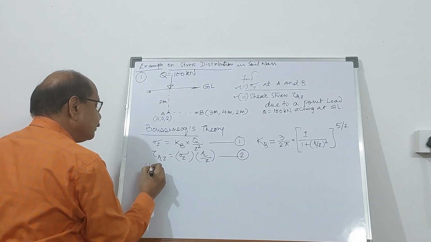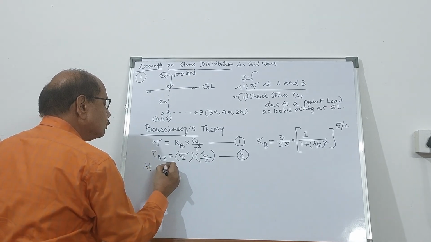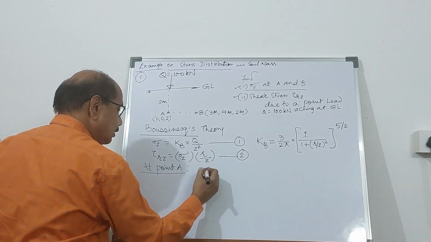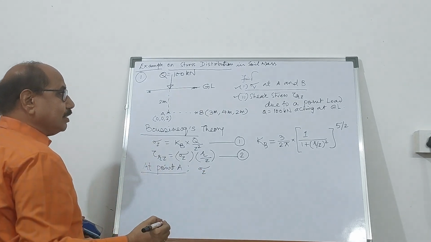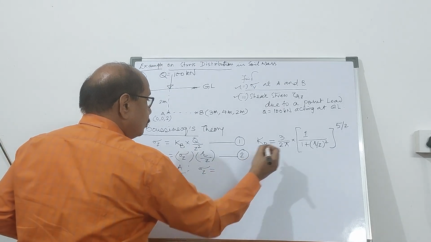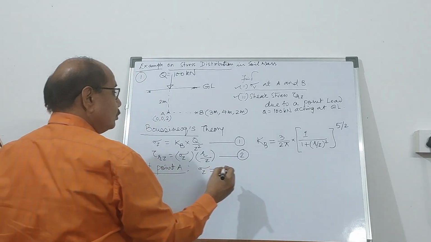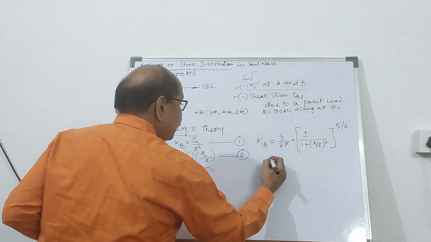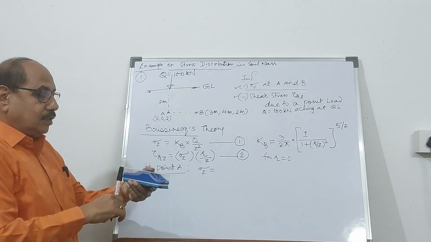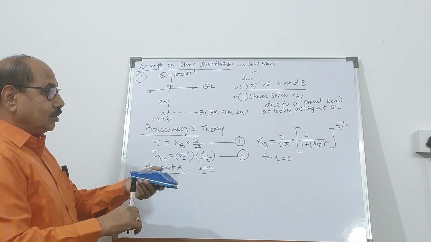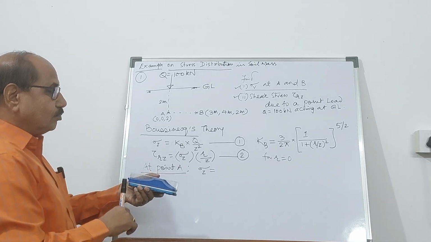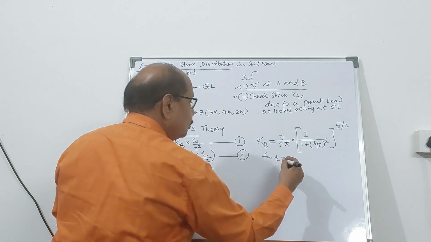So at point A, the value of sigma z, the vertical stress, must be equal to, now because it is on the axis of loading, the horizontal distance of point A from the Z axis is 0, therefore r is 0.